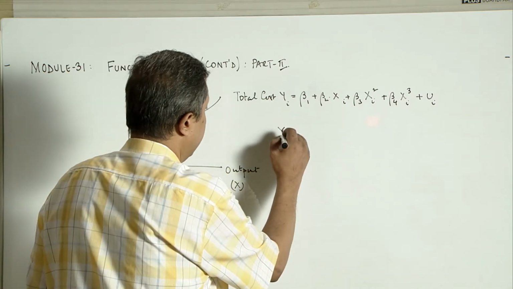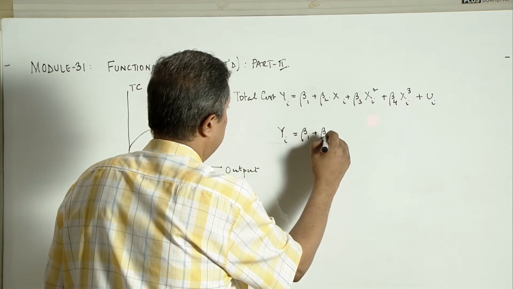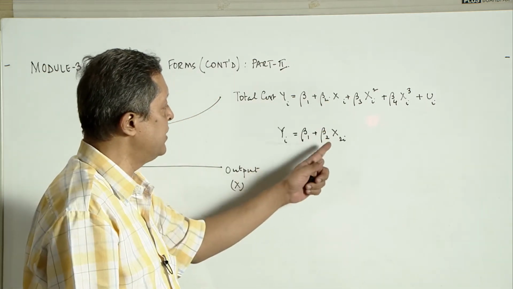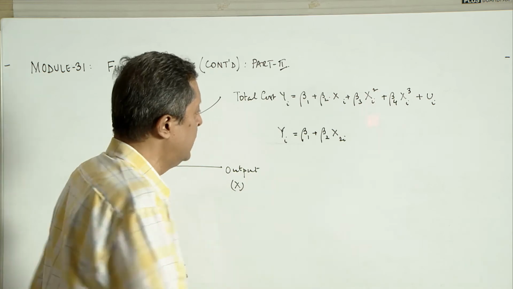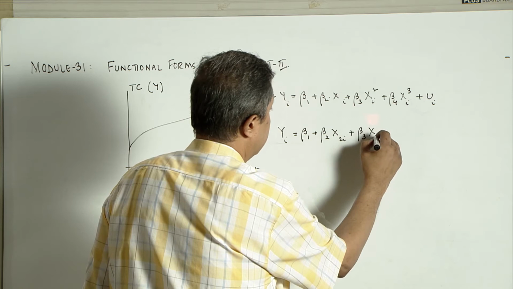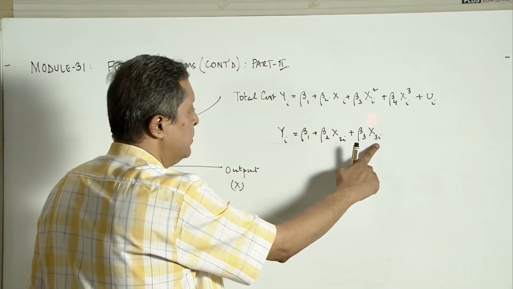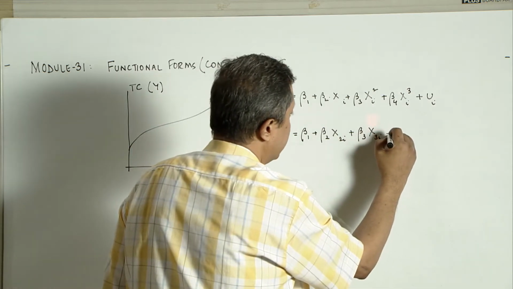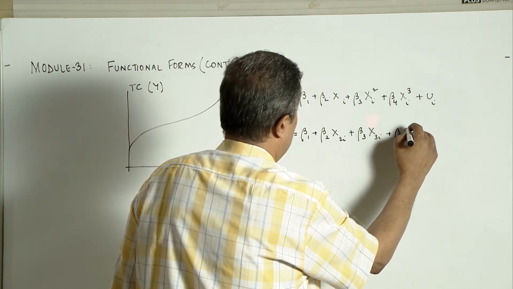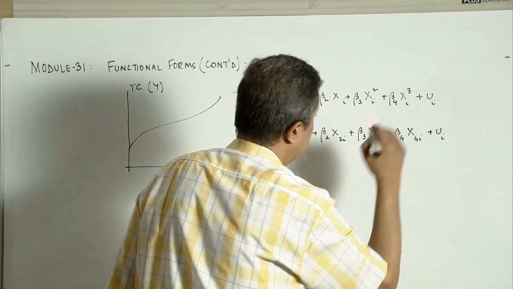So, we rewrite it as yi equal to beta 1 plus beta 2 x2i. We are just renaming xi as x2i. This is one variable, the output. The next regressor is beta 3 x3i. That means xi square is now denoted as a new variable x3i plus beta 4 x4i plus ui.